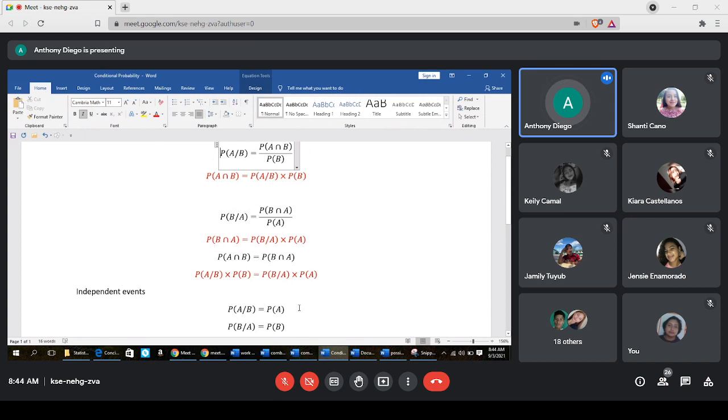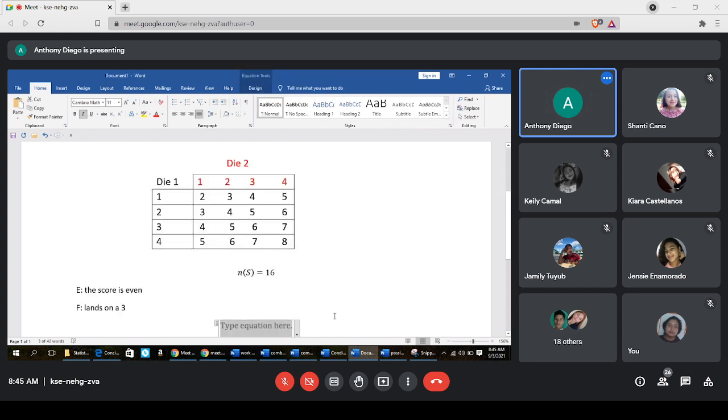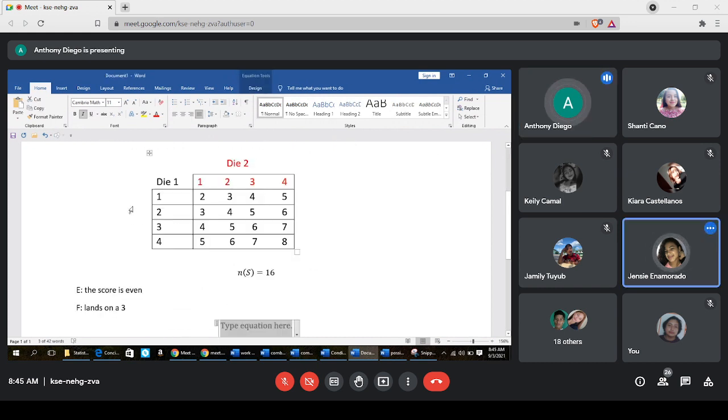So in terms of E and F, then how can we write this formula? Sir, wouldn't it be like the probability of F given that E has occurred? Let me see. The first one is saying here that the score is even given that at least one die lands on a tree. Sir, can you hear me? Yes, I can hear you.